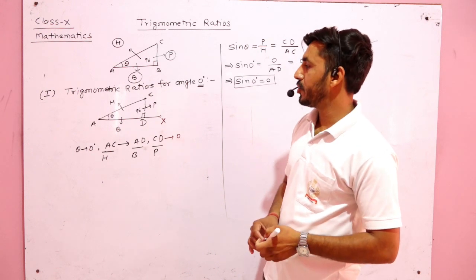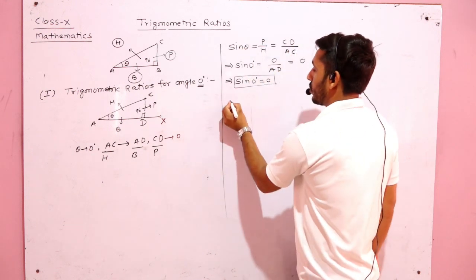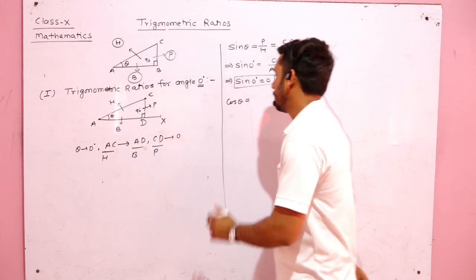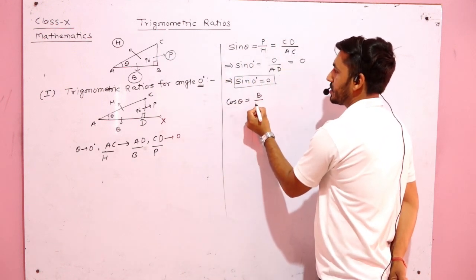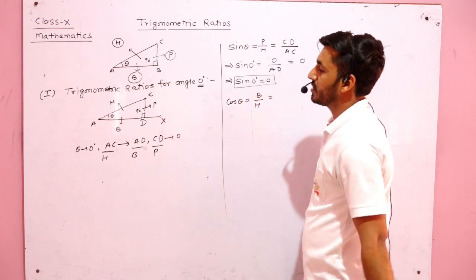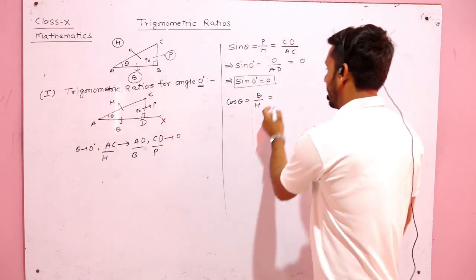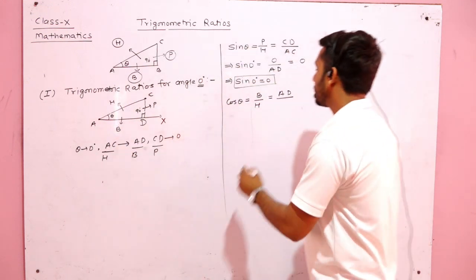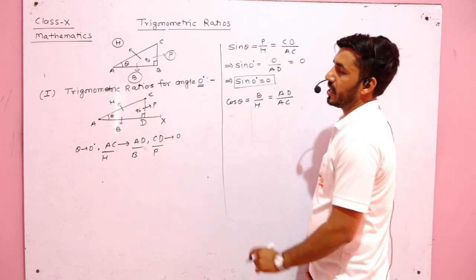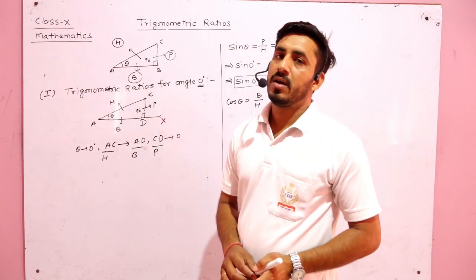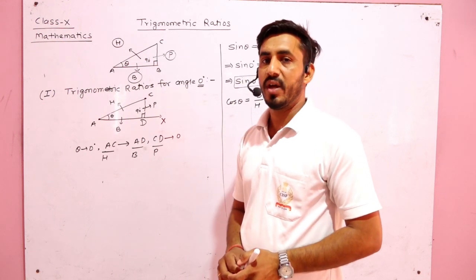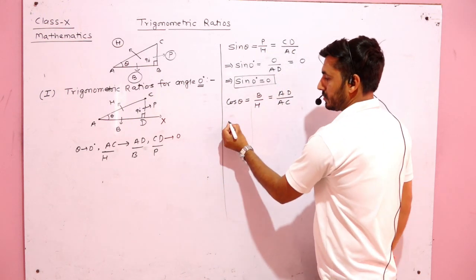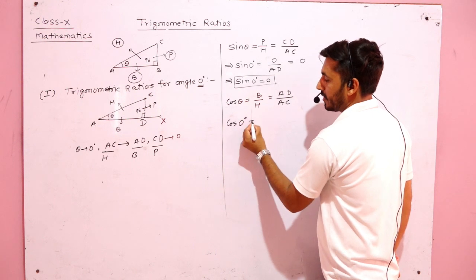The next trigonometric ratio is cos theta, and we know the value of cos theta is equal to base upon hypotenuse. What is the value of base? It is AD. Then the value will be AD upon, what is the value of hypotenuse? It is AC. In the condition when theta tends to 0, if I put theta equal to 0, then the obtained result will be cos 0 degree.